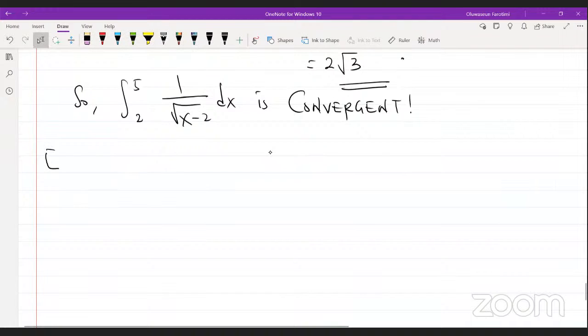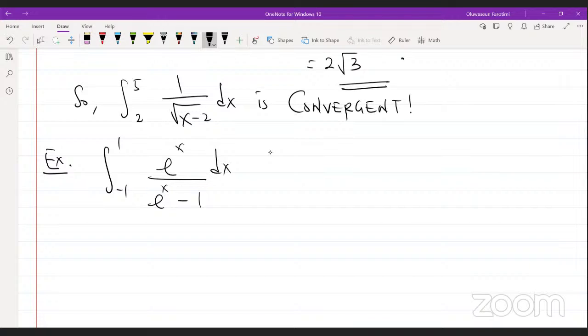Let's do another example. The integral from -1 to 1 of e to the x divided by e to the x minus 1, of course, dx. Think about it this way. Think about the line. You've got -1 to 1, and this is 0.